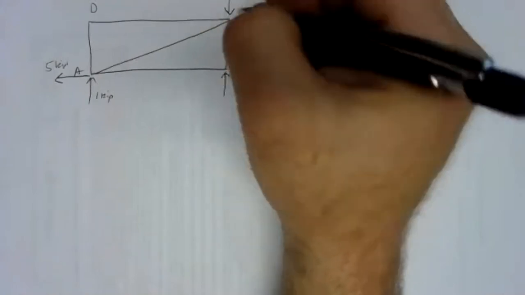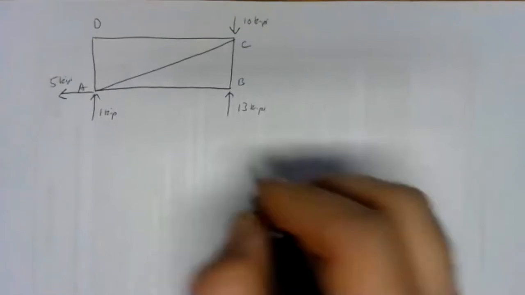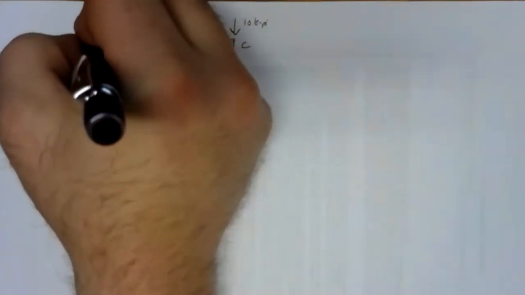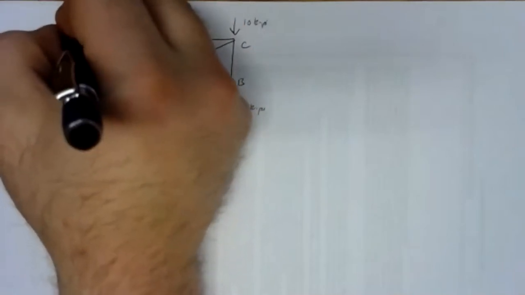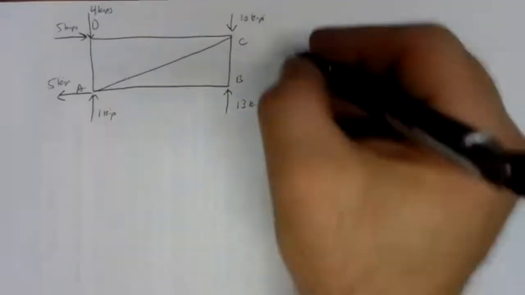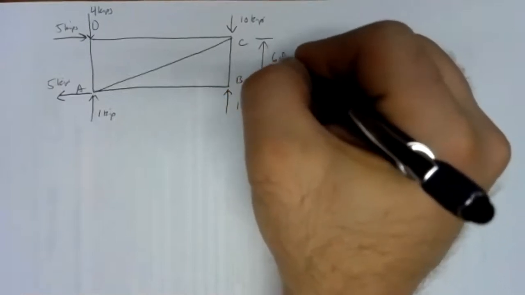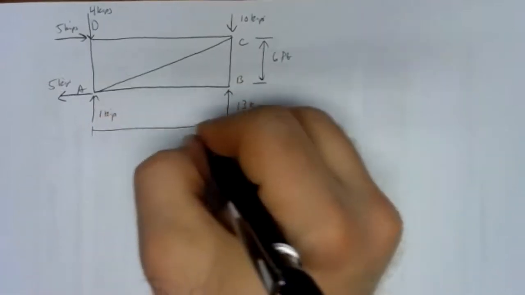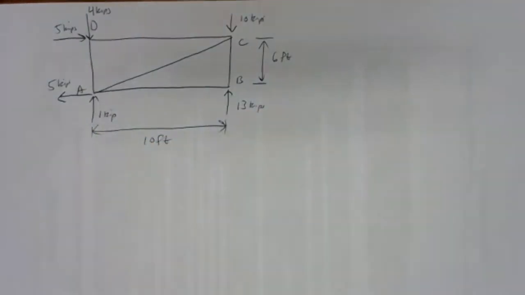We had 10 kips down. We had 4 kips here. And we had 5 kips there. So that's everything going on outside the truss. We also had our geometry. We had 6 feet and 10 feet. So there we go.